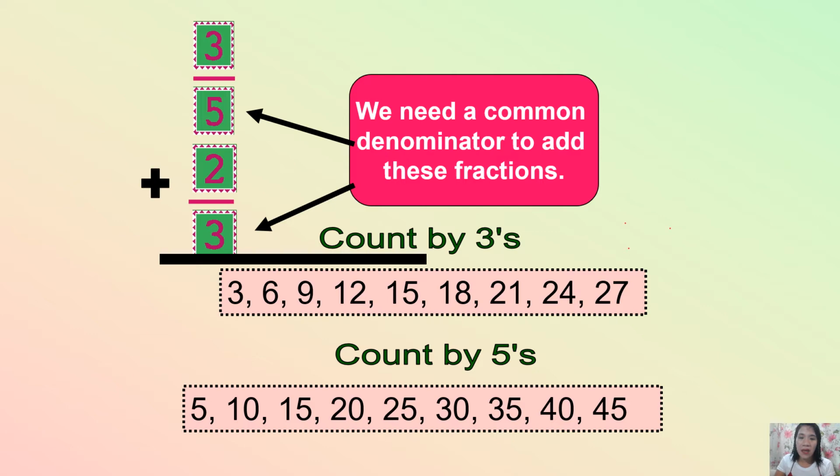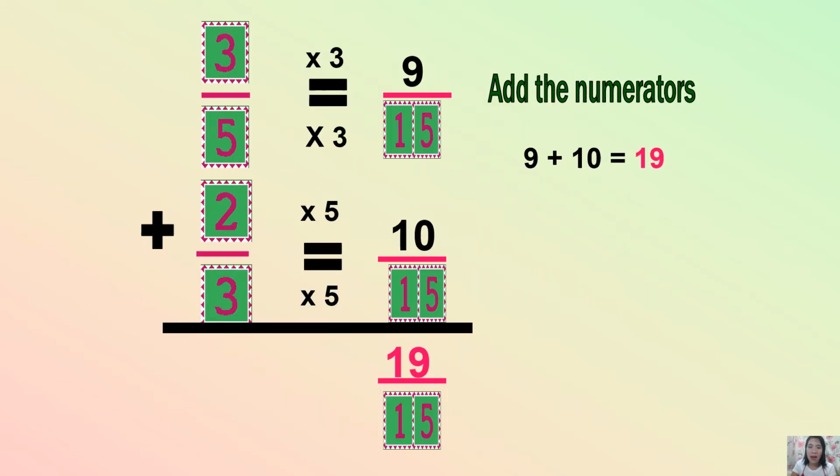Okay, it's 15. So we copy 15. That's our LCD. And to add the numerators, 9 plus 10 is 19. So our final answer is 19 over 15.